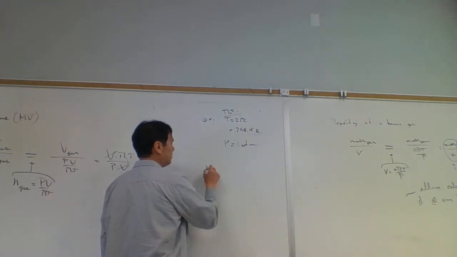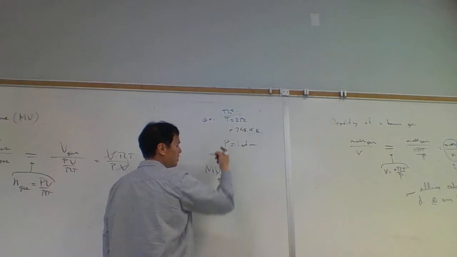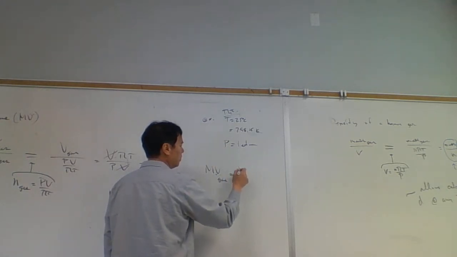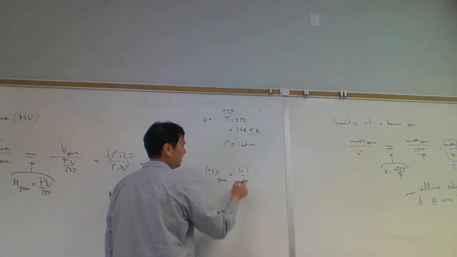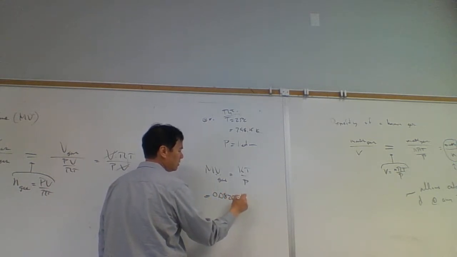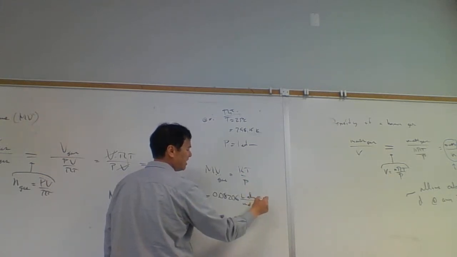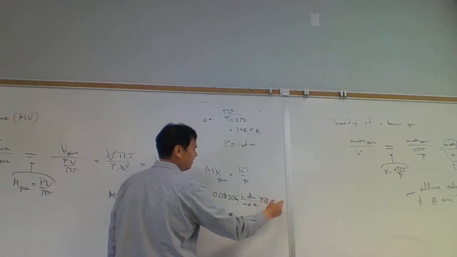And so what is the molar volume? The molar volume of this gas at this temperature and this pressure is equal to RT over P. R is 0.08206 liters times atmosphere divided by mole times Kelvin. T is 298.15 Kelvin.